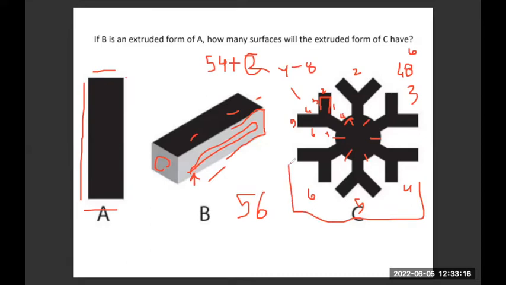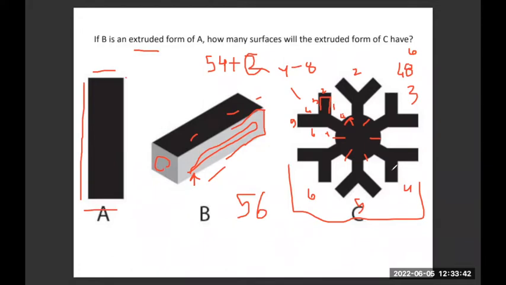Is that clear? Yes, ma'am. Okay. So whenever you're given this operation, extruding literally means adding a z-axis to the two-dimensional geometry. And when you add the z-axis and you have to find the total number of surfaces in the resulting form, all you have to do is count the number of lines that are there in the shape.